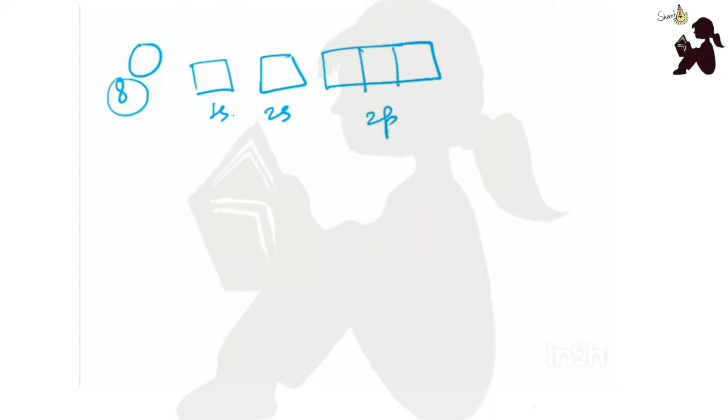Here electrons are filled like this. So what will it come? 1s2, 2s2, 2p4. 2 plus 2 is 4, 4 plus 4 is 8. So this is how we write electronic configuration.